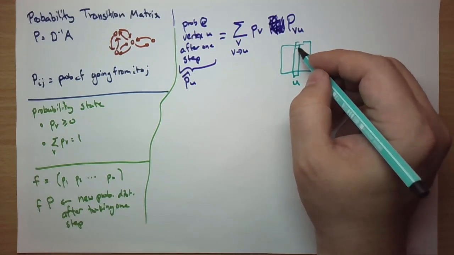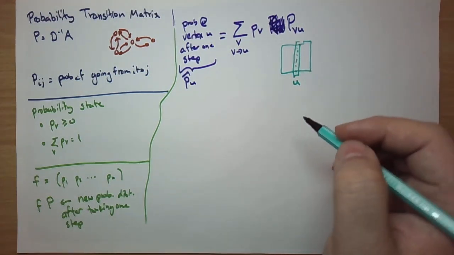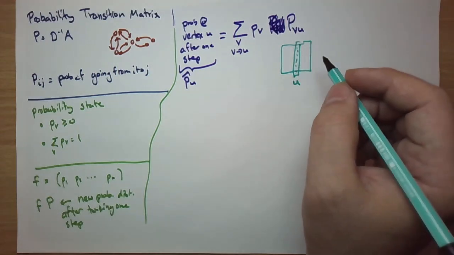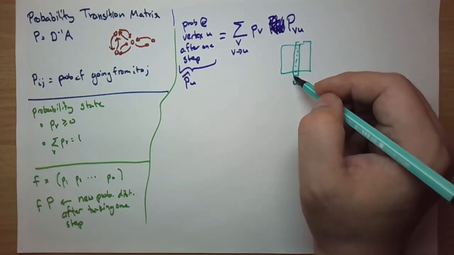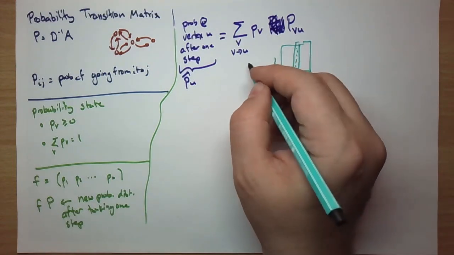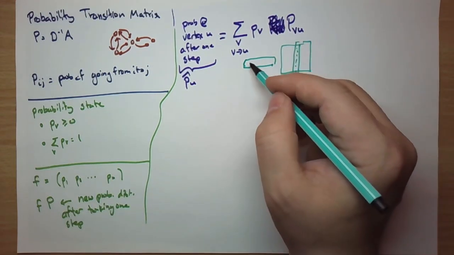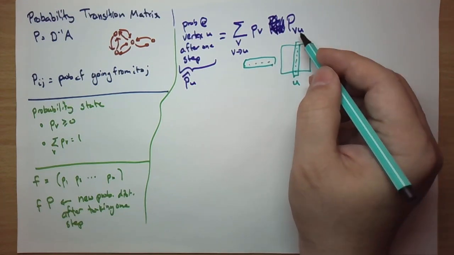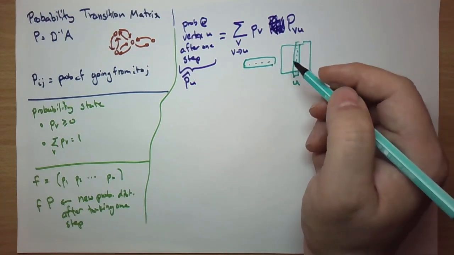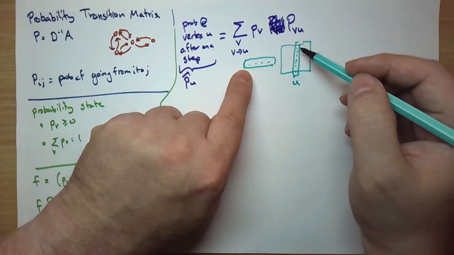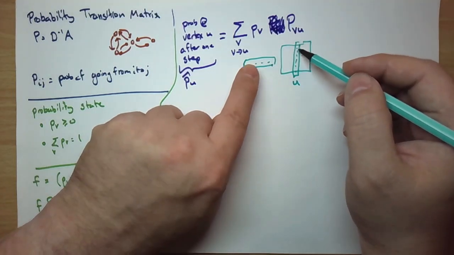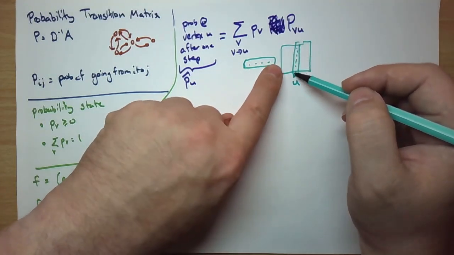And then you're going down here. If I want to do a column, then the way that works is if I do a row in the front. And that's why we do a row vector in front of P. So it's p_1 times P_1U, p_2 times P_2U, and so forth and so on.